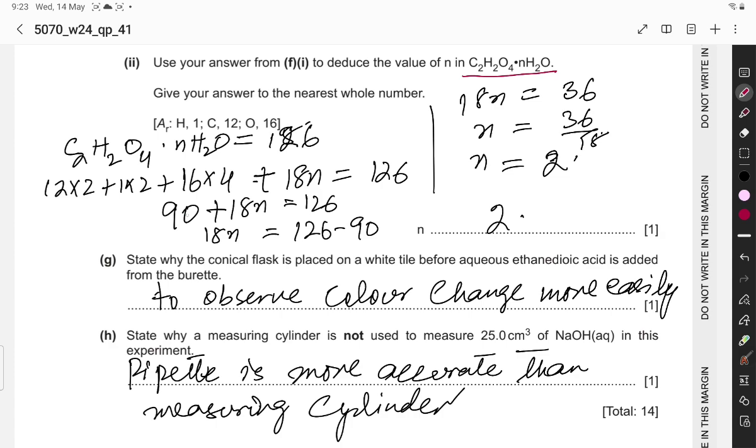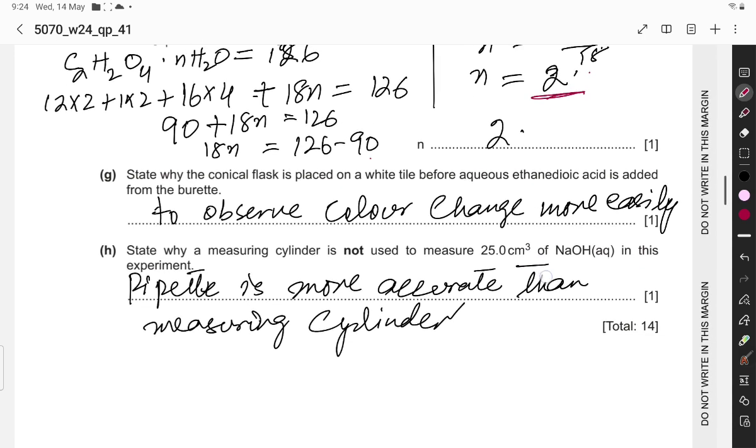This is 90 for anhydrous ethanedioic acid plus 18n equal to 126. 18n is equal to 126 minus 90, so 18n is equal to 36, or n is equal to 36 divided by 18. The number of water molecules is 2. So n is equal to 2.